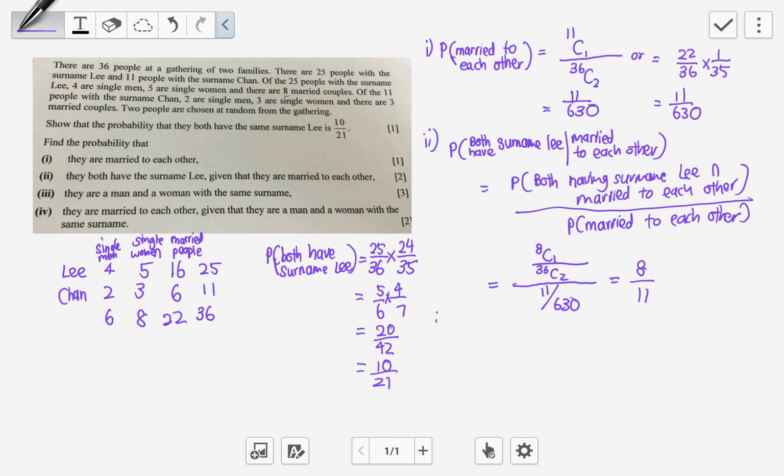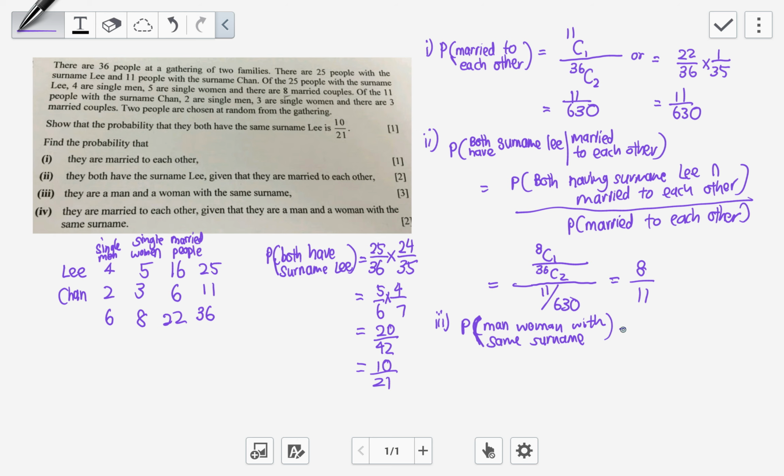So part 3: the probability that a man and a woman have the same surname. What could the number of ways be for this?